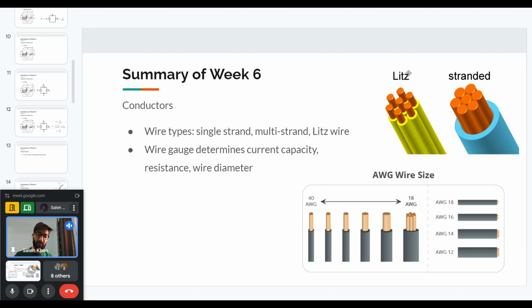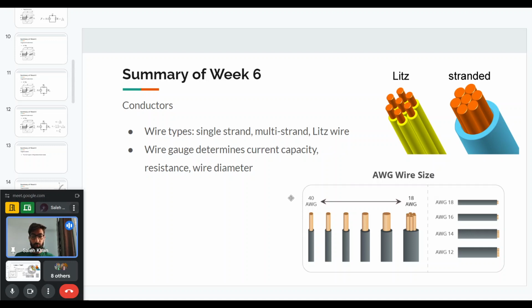This kind of system is used to reduce the skin and proximity effects, or at least the skin effect, because all these wires are insulated from each other, so the skin depth will be limited to each individual strand, and the strand itself can be very small so that the skin effect will be negligible in each strand. Then we can reduce the AC resistance of the wire using this kind of Litz wire system.